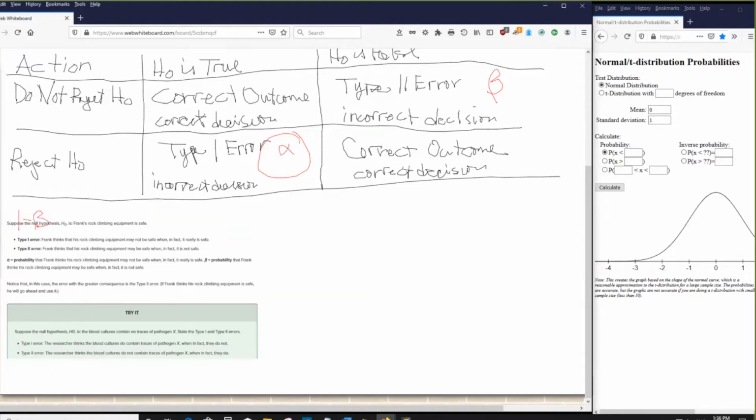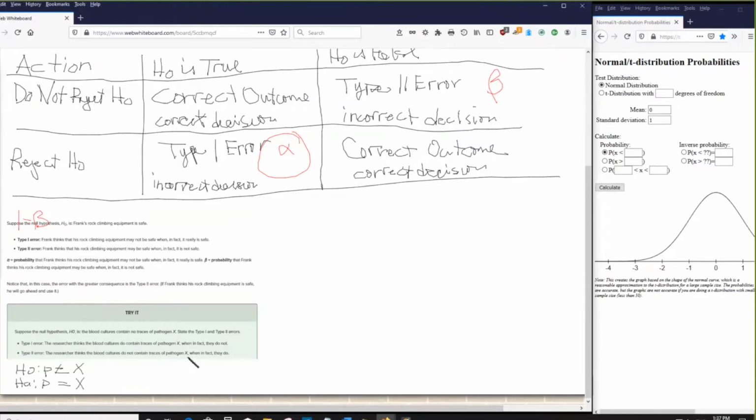If the null hypothesis is the blood cultures contain no traces of pathogen X, then the alternative would be the blood contains pathogen X. Another way that we could write this is that H0 would be the blood culture does not contain pathogen X, and the alternative would be that the blood culture does contain pathogen X.